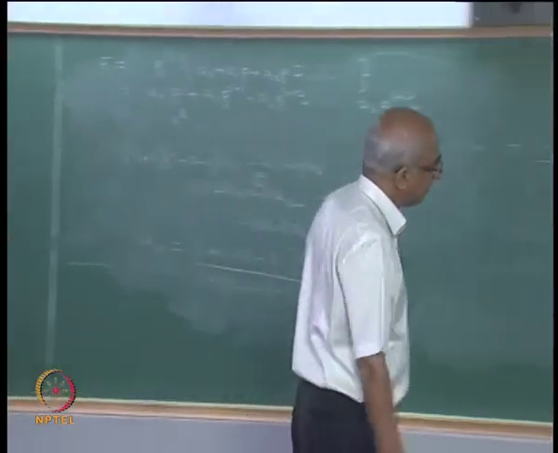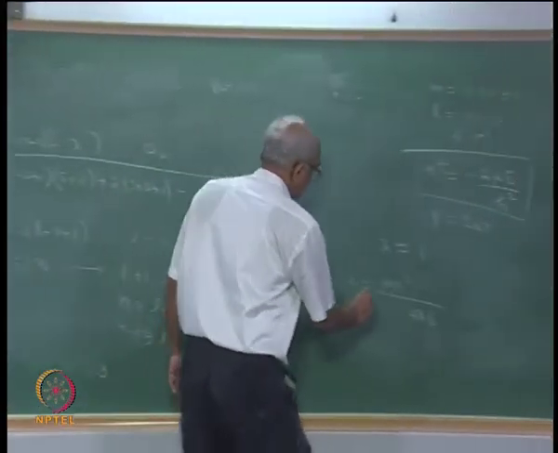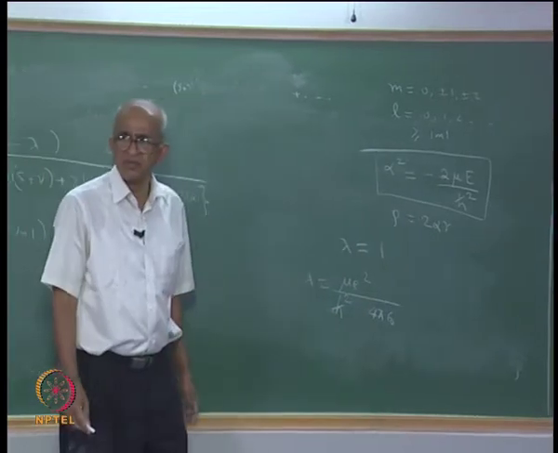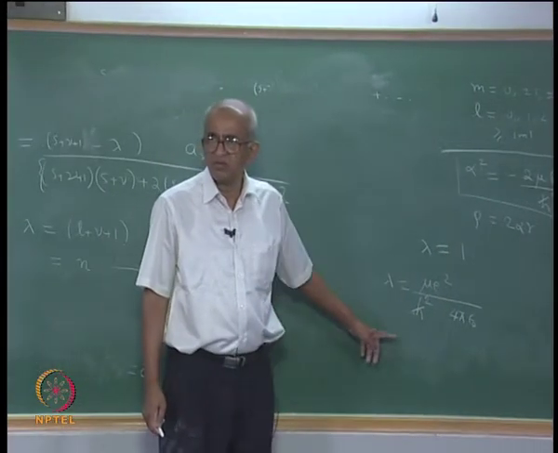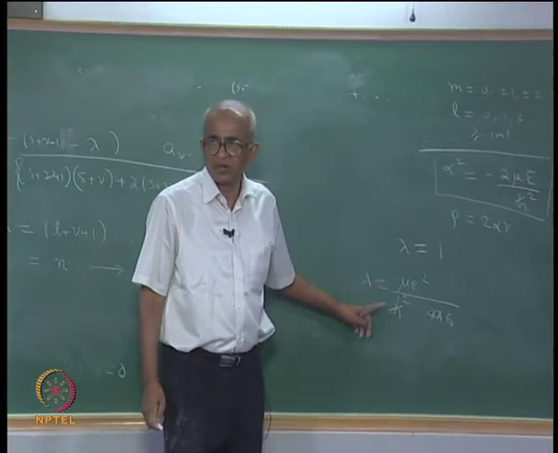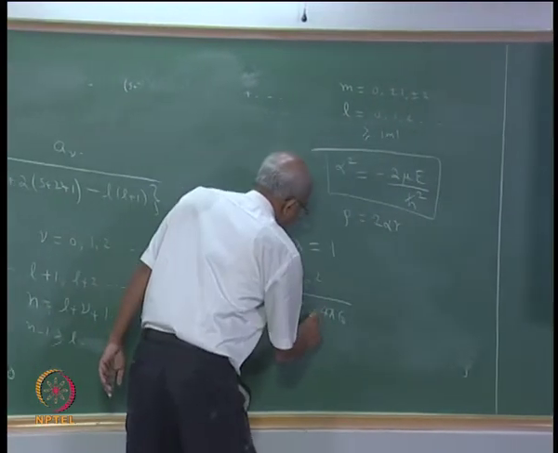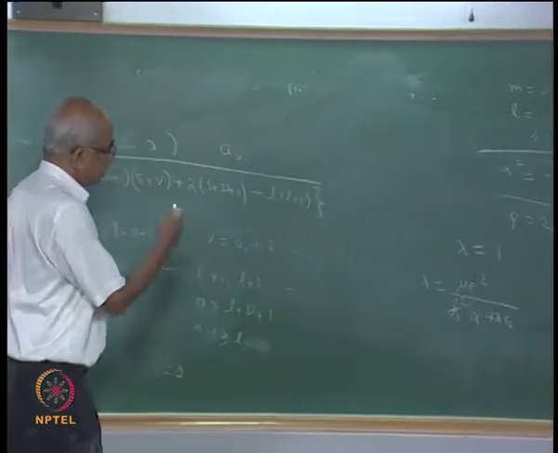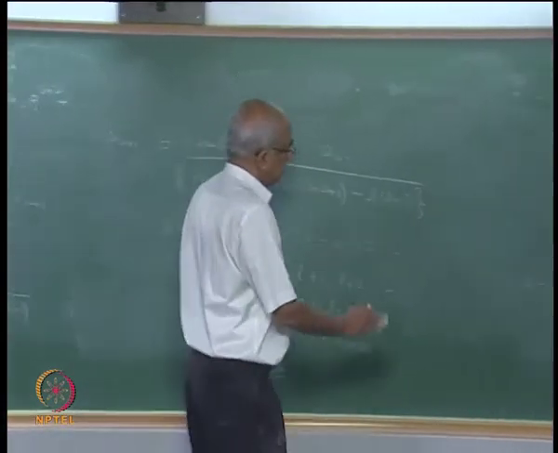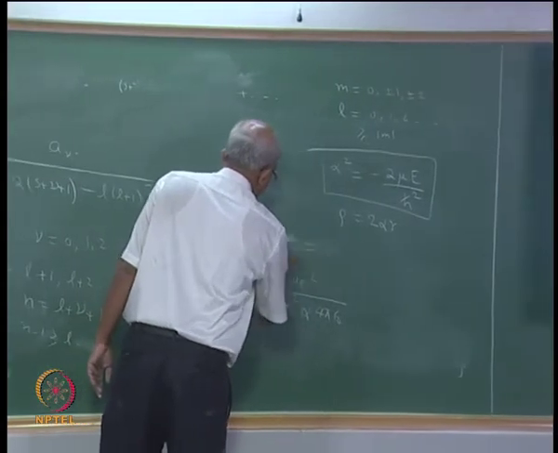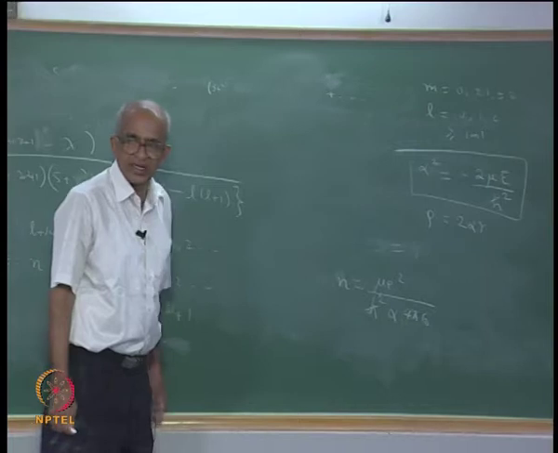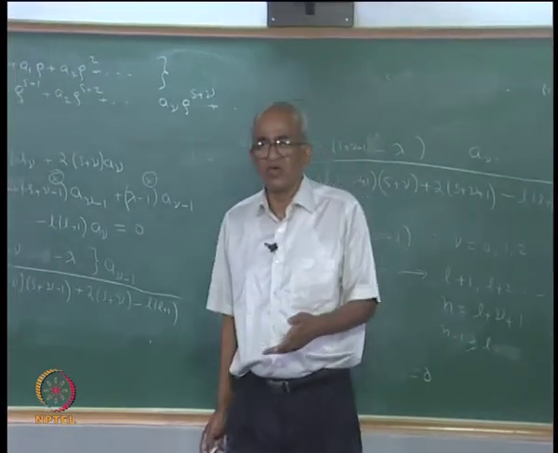H cross square. Anything more? Alpha, right? So, this was the definition of lambda, and lambda, we now say, is equal to n, where n is an integer which may take the value 1, 2, 3, 4, etc.